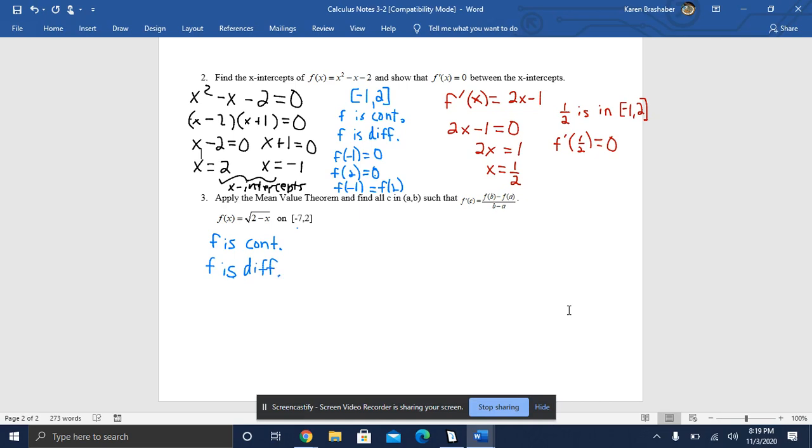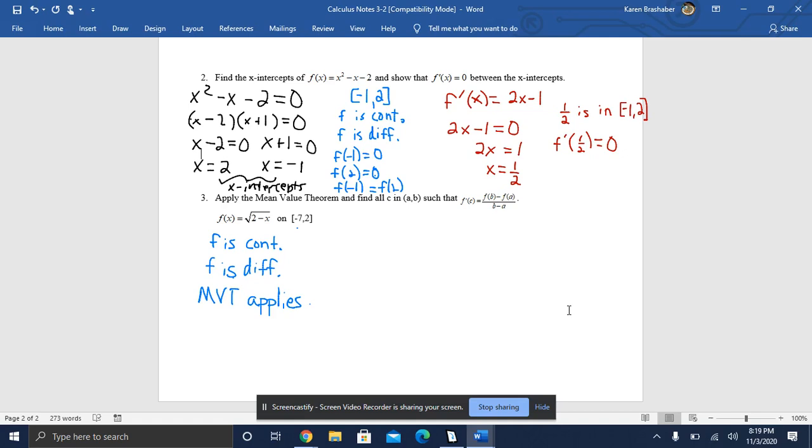So it is also differentiable. And again, I'm just going to abbreviate that. We have no other conditions. So you can state that the mean value theorem, which I'm going to abbreviate as MVT, applies. So we do not have to do anything with f of a or f of b.